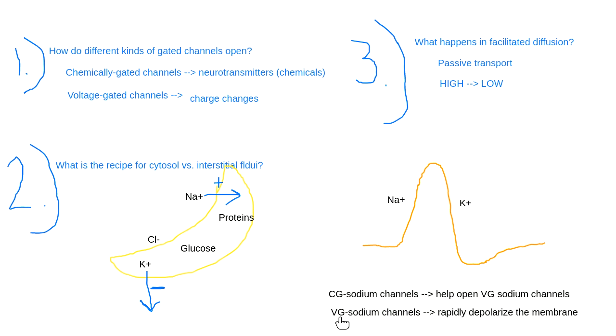It opens to the outside, and then, like Nicole mentioned, it attaches to what it's transporting, then it opens to the inside. So a carrier protein has to be open to the outside to attach to something it's moving, and then it opens to the inside to release that.